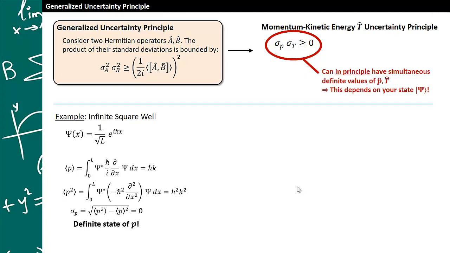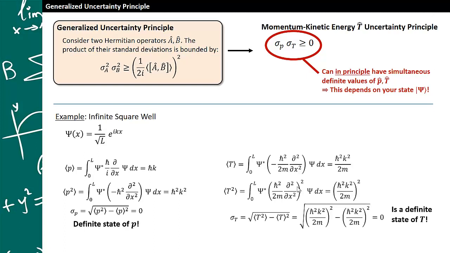The expectation value of the momentum squared is similarly h bar squared k squared. And so when I calculate the uncertainty in the momentum, I actually get 0. So this particular wave function in the infinite square well is a definite state of momentum. It's not one of our usual energy eigenstates, but it is a definite state of momentum.